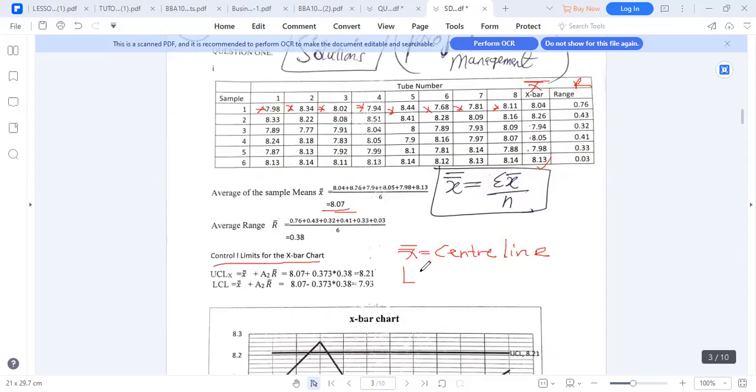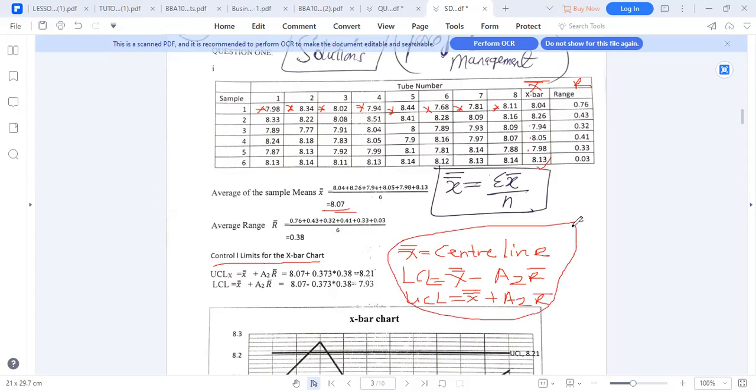Lower control limit is equal to X bar minus A2 R bar. Upper control limit is equal to X bar plus A2 R bar. This is the kind of one that we need to go for.